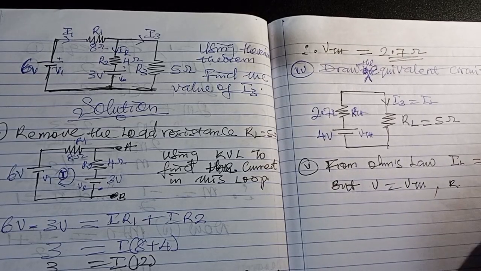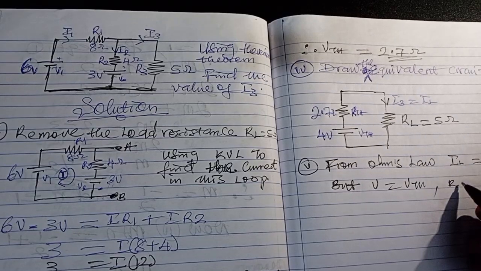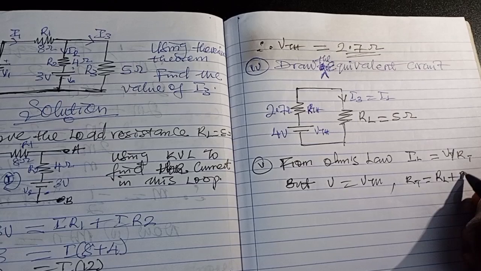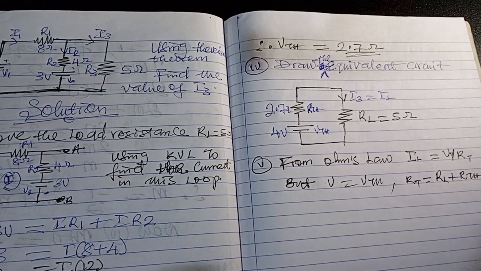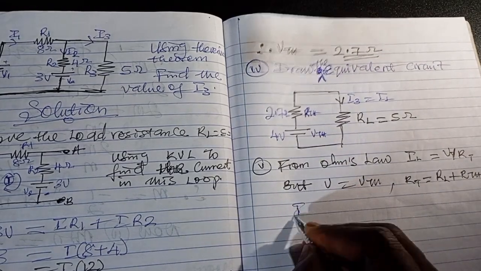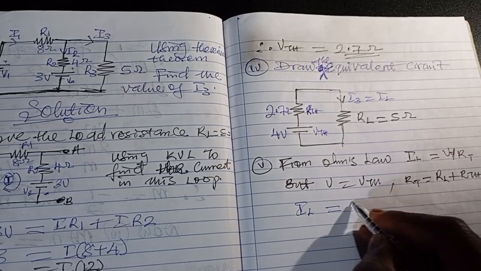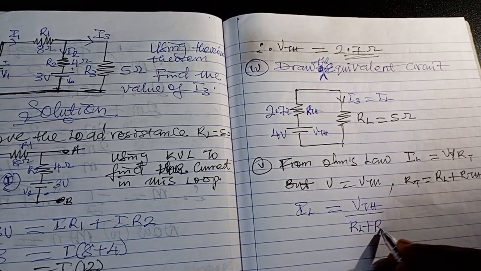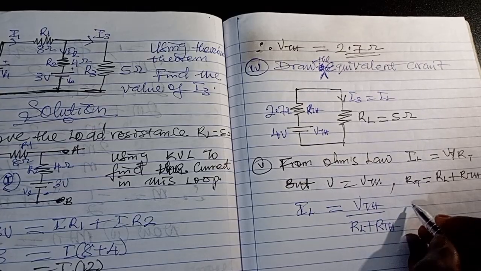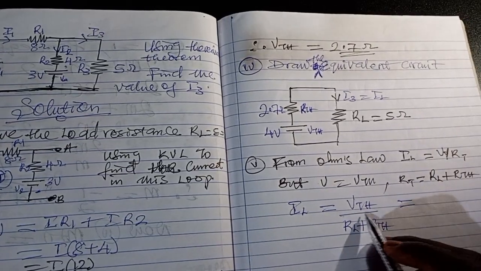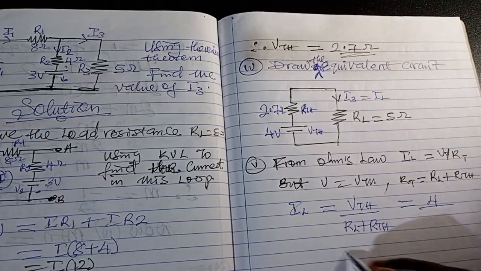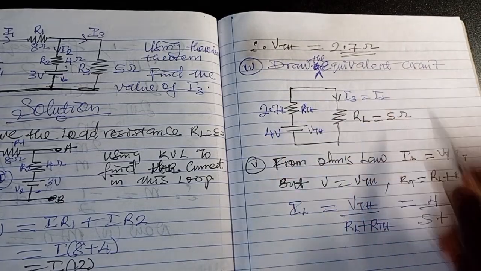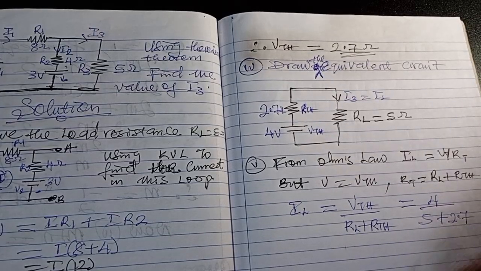Then R, remember, let's call it R total, will now be RL plus RTH. Good. So IL will be VTH divided by RL plus RTH. This is equal to our VTH, 4 volts, divided by RL, 5 ohms, plus RTH, 2.7 ohms.